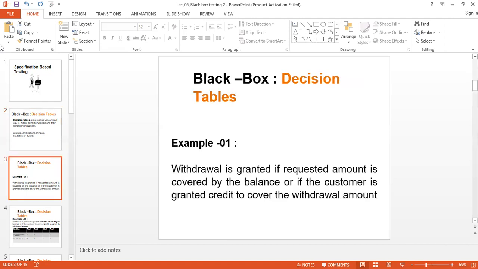I believe since you are engineering students, you have come across truth tables. Something similar to a truth table happens inside a decision table. 90% of truth table concepts will be there inside the decision tables, right?